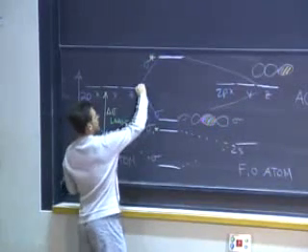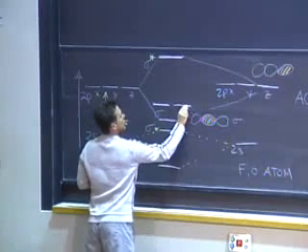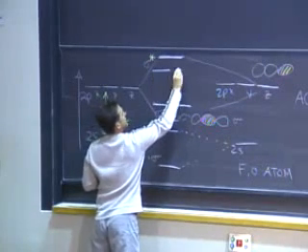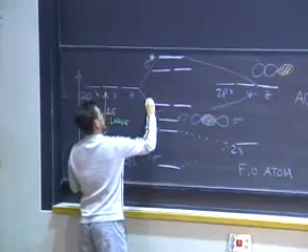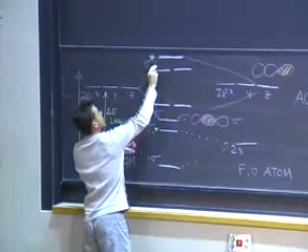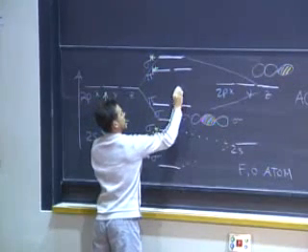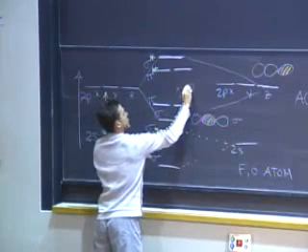And we can make a pair of pi bonds and a pair of pi anti-bonds that corresponds to those pi bonds. So this one's pi, this one's pi star. And what do they look like? Well, they look like side-to-side bonds between pairs of p orbitals.